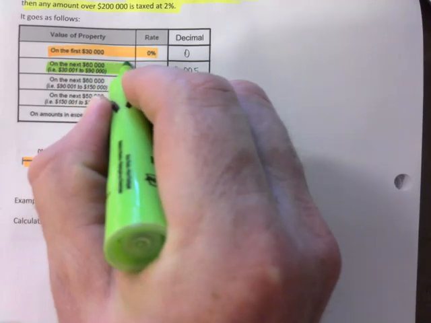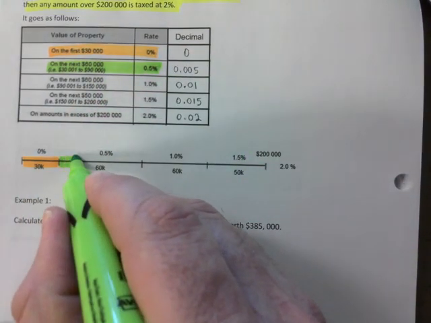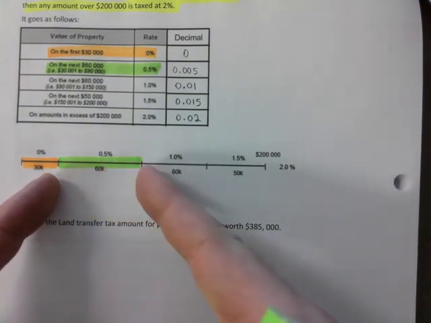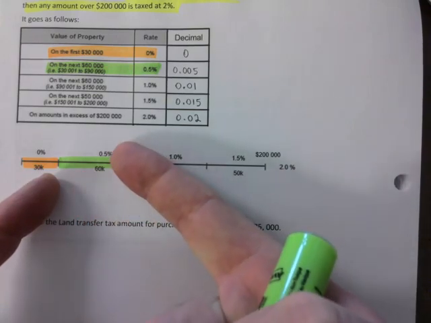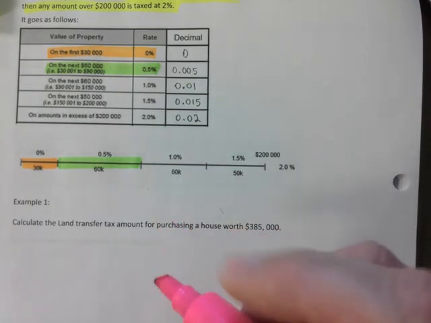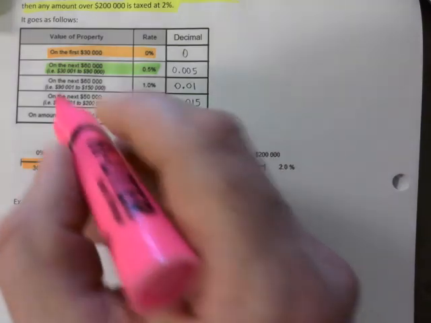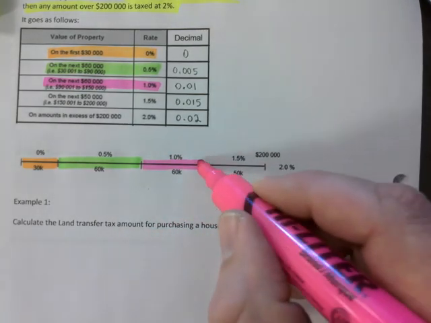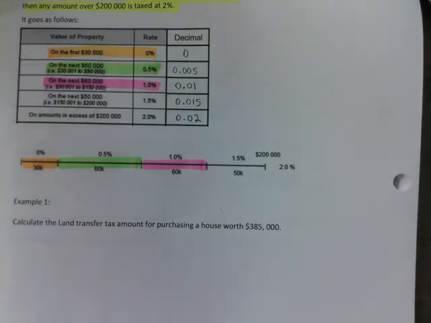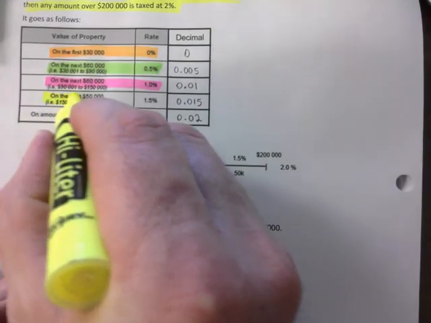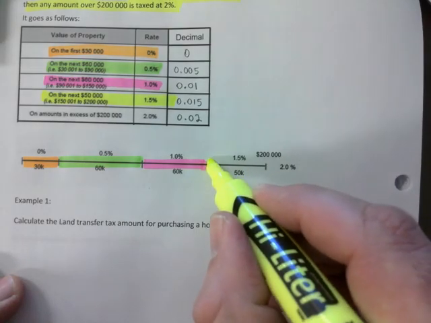On the next $60,000, if you think of a number line, any amount that goes in here pays 0.5% of land transfer tax. And I really hope they would get rid of this scale. It would make our lives so much easier. On the next 60K, which is this portion right here, you pay 1% of taxes. And the last chunk, before it's just a flat 2%, is 1.5%.